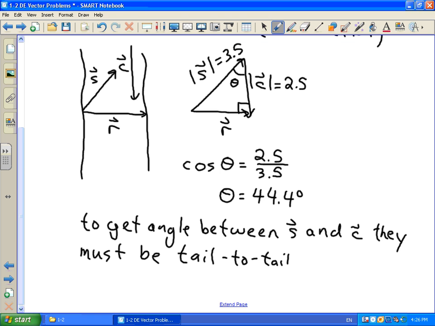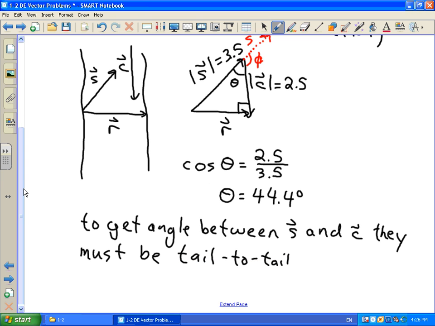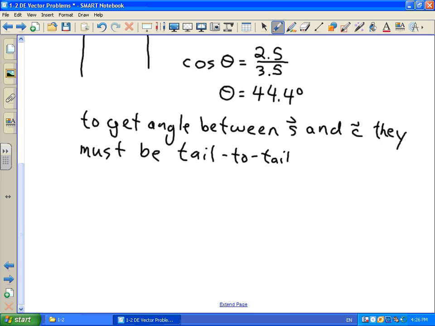So if we go back up to our diagram here, we can imagine moving this vector S up like this. This is shorter, but this is another vector S here. And now these two vectors are tail to tail. And this angle right in here that we'll call phi is going to be the angle between S and C. So how is that angle related to theta? Well, the two of them have to add up to 180 degrees.